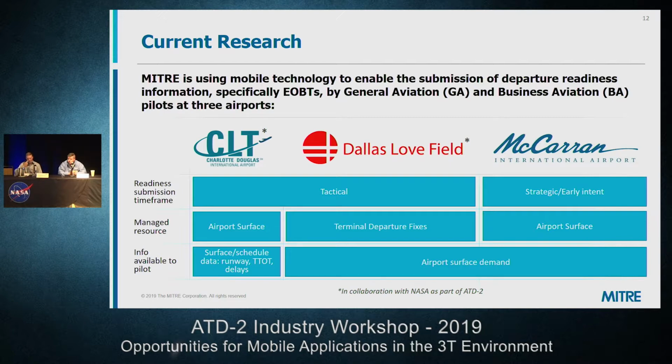We can subscribe to that and then forward information back to relevant pilots about what runway to expect, their target takeoff time, if there's any TMIs or delays that are going to impact their flight. So this is information these pilots usually don't get until they are contacting tower and getting ready to taxi. That's when they'll find out their runway or if they have any delays. And so they really like getting this information ahead of time before they even get on the plane.